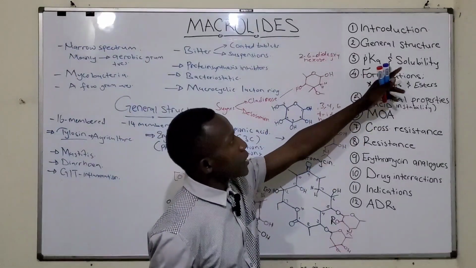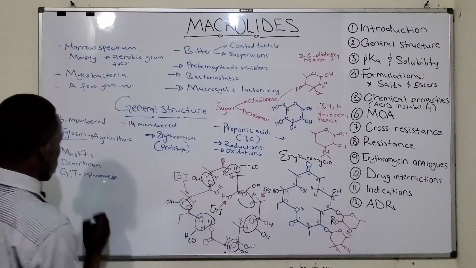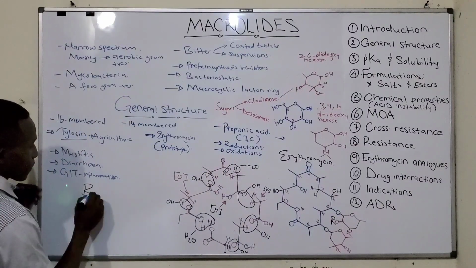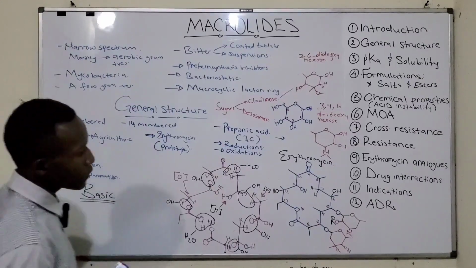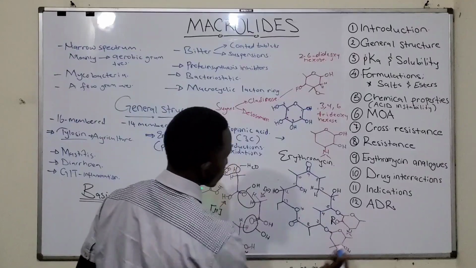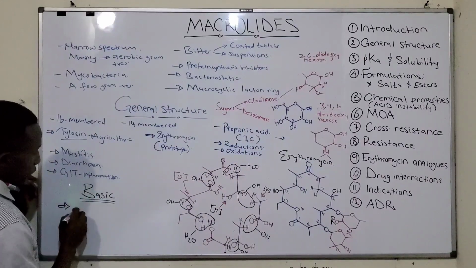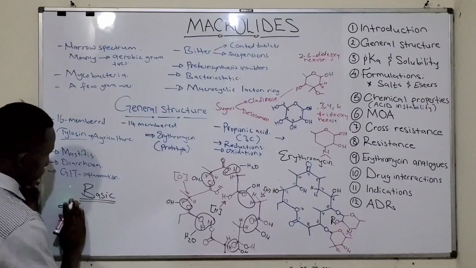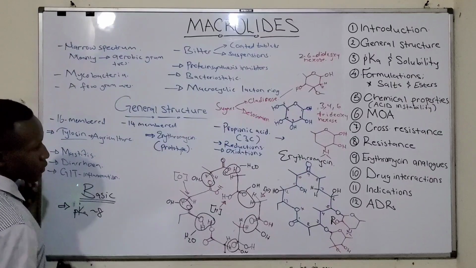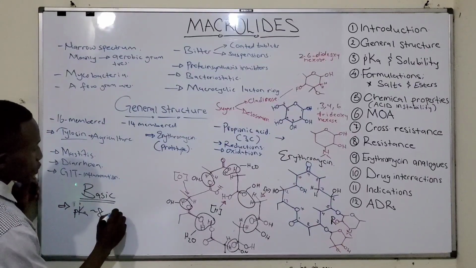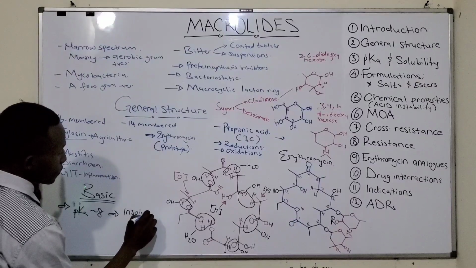Now, when we talk about the pKa and solubility, erythromycin is basic. These macrolides are basic because of this amino group. The pKa is around 8, meaning that this one is slightly insoluble in water.